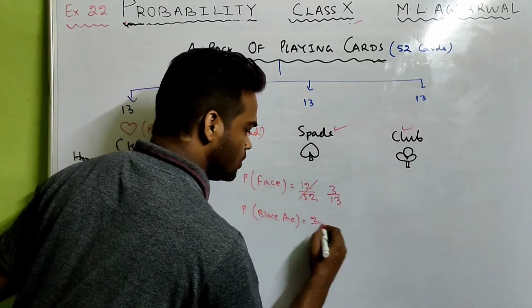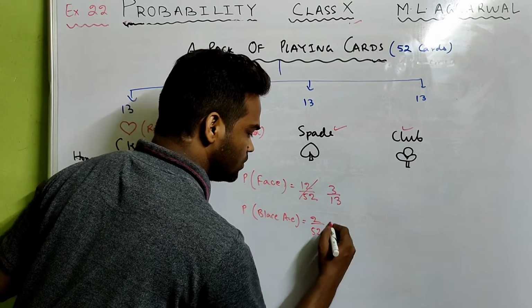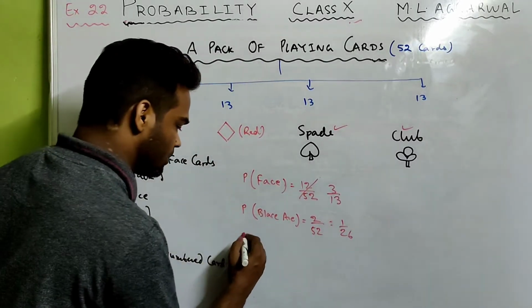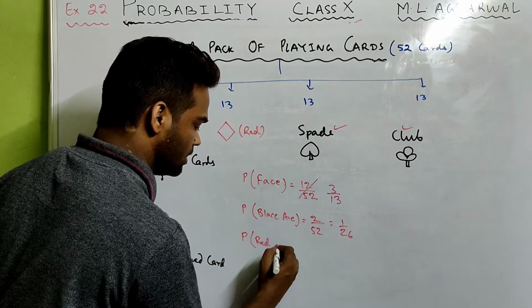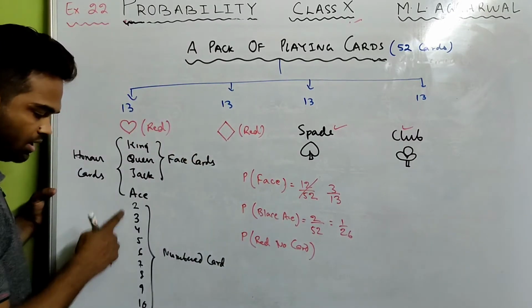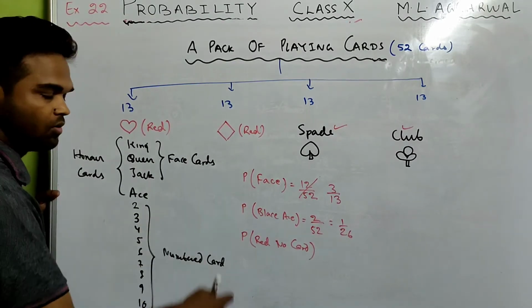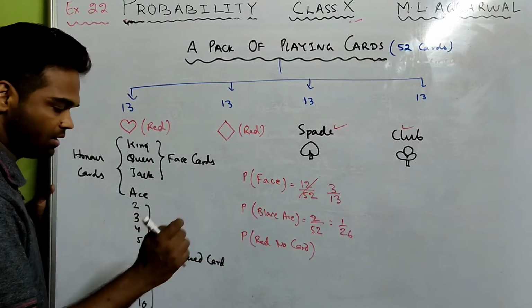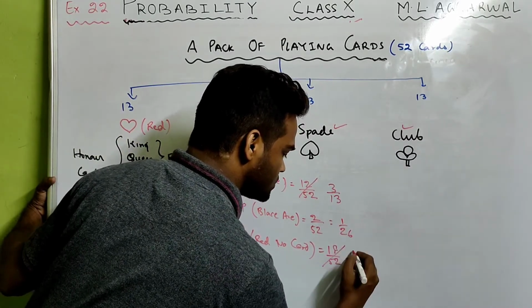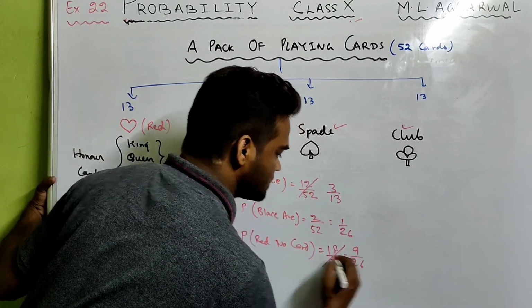So there are 2 favorable outcomes out of 52, that's 1 by 26. If I ask the probability of getting a red numbered card, there are 9 and 9 over here, 18 red numbered cards, which will be 18 by 52, that's 9 by 26.